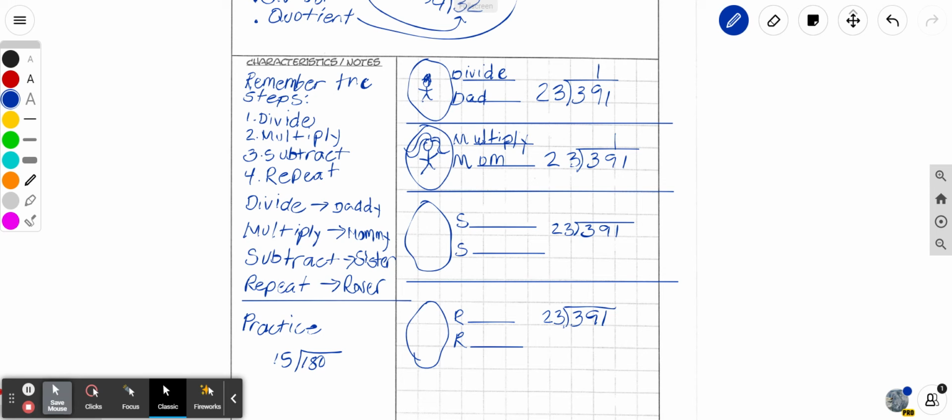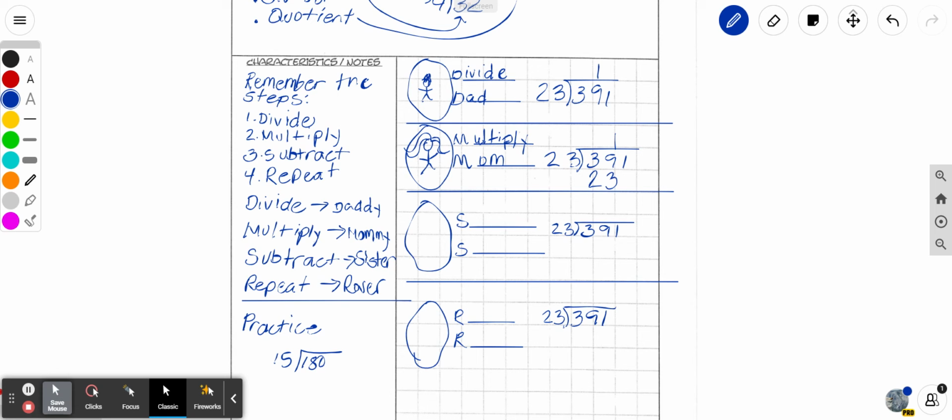Now I multiply, and I multiply the divisor by the quotient of my first step. So 23 times 1 is 23.